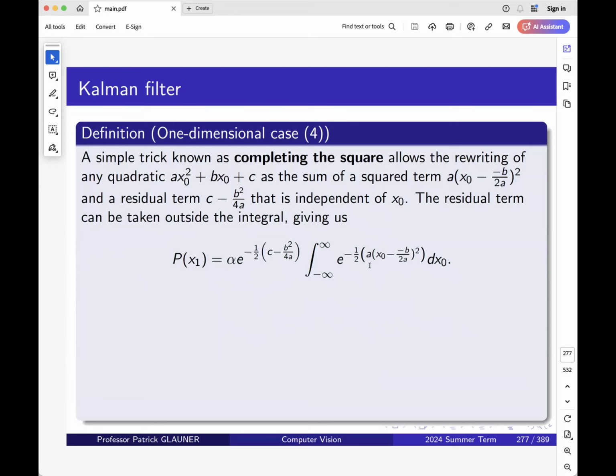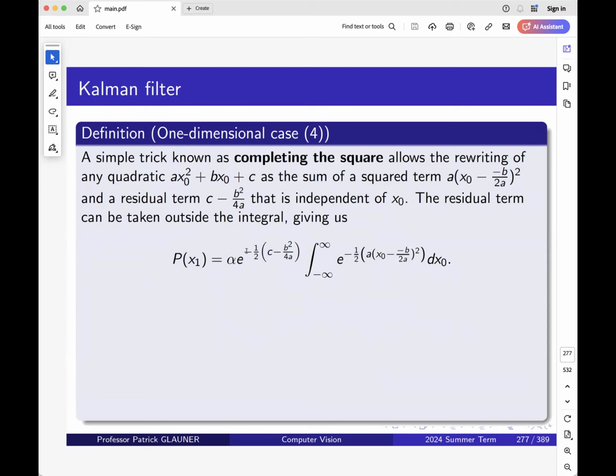But for now, just trust me that the result looks like I have my normalizer times the residual.